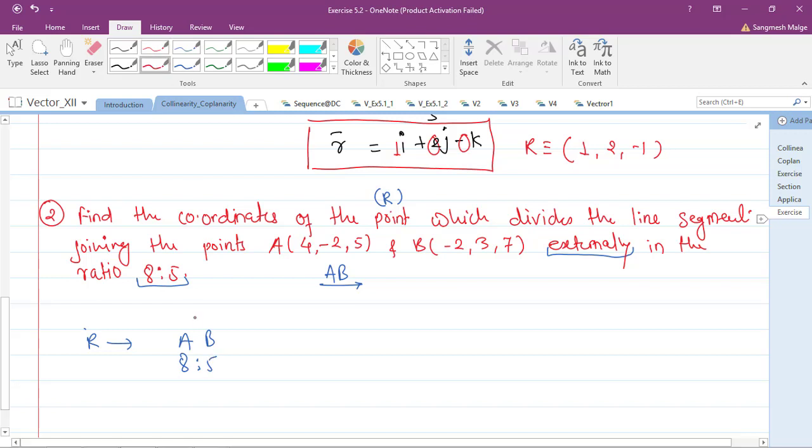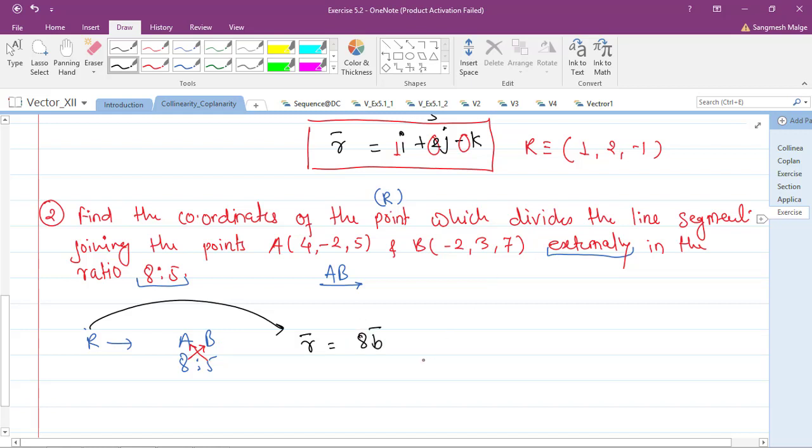So our trick says do the cross multiplication. 8 goes with B and 5 with A. So R bar is equals to, cross multiplication, 8 into B bar, 5 into A bar.